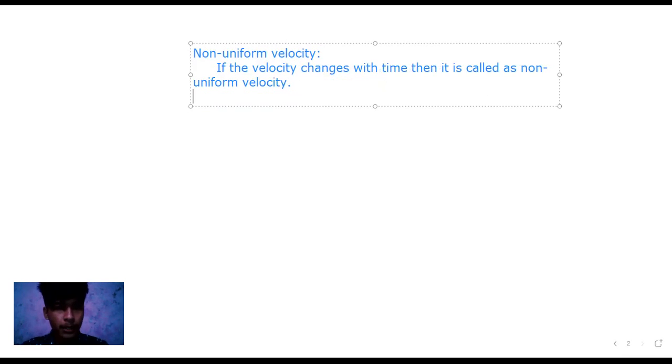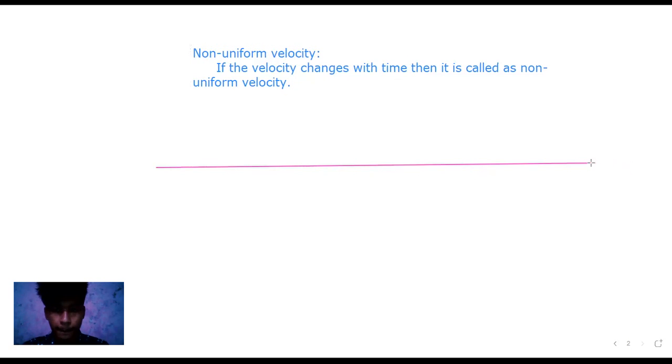And let me give an example. Let me draw a straight line here. Put some points here: this is the first point, second point, third point, fourth point, fifth point. The unit is meter per second here.